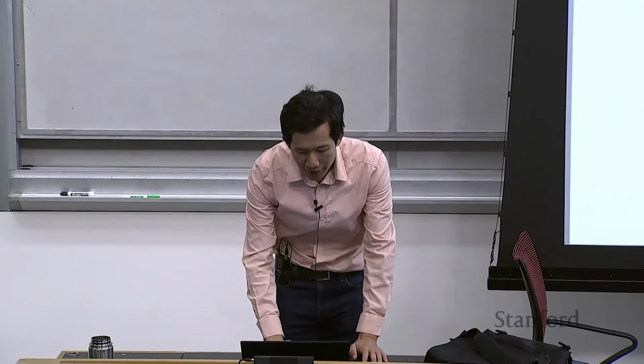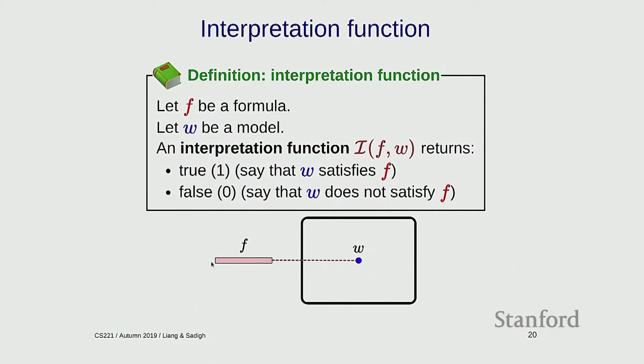The way to think about this is I'm going to represent formulas as these horizontal bars. Think of this as a thing you say. It sits outside the reality in some sense. And then this box I'm going to draw is the space of all possible models.